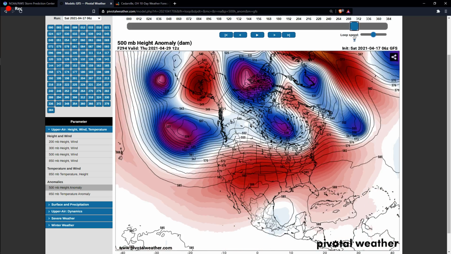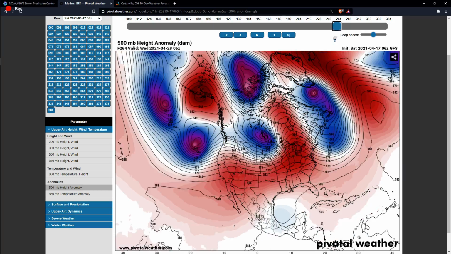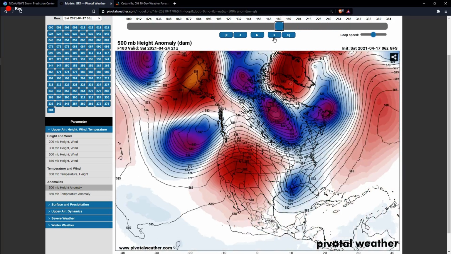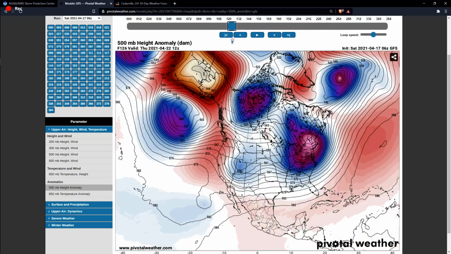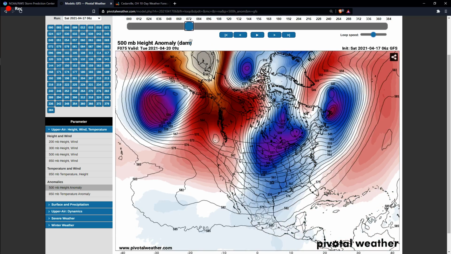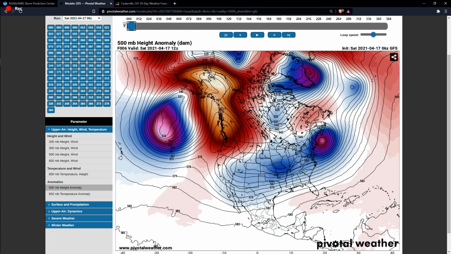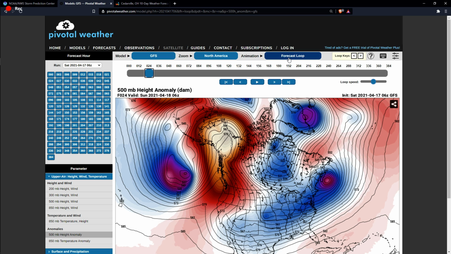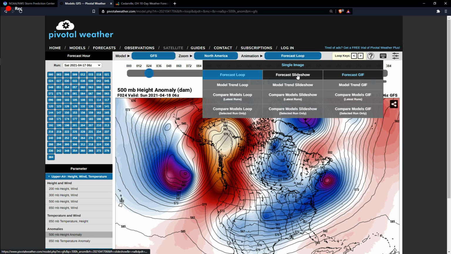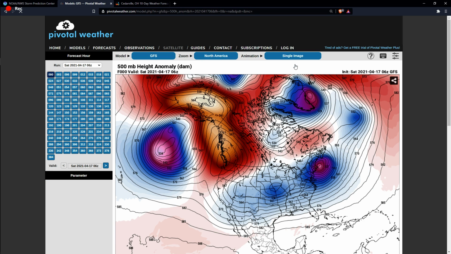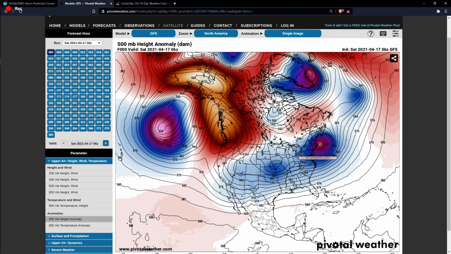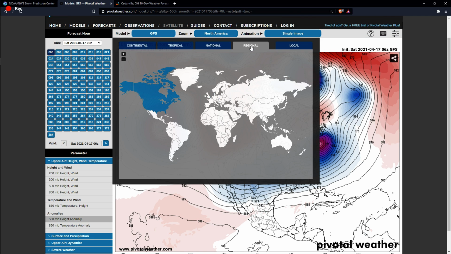Later on, close to the end of April and May, you see a nice warm ridge come into the United States, which will send our temperatures back up to more normal temperatures that we usually see. So yeah, you can see how the different ridges and troughs move around in the upper levels of the atmosphere.